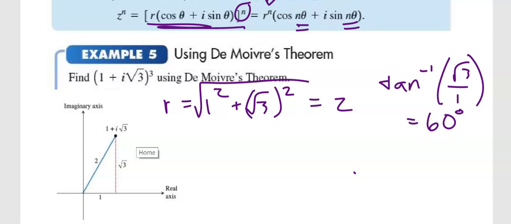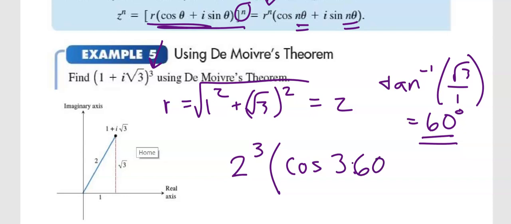And now, what does that 3 on the outside do to the graph? Well, it takes the radius and raises it to that power, times the cosine of our 60-degree angle, and now we're going to triple that 60-degree angle.